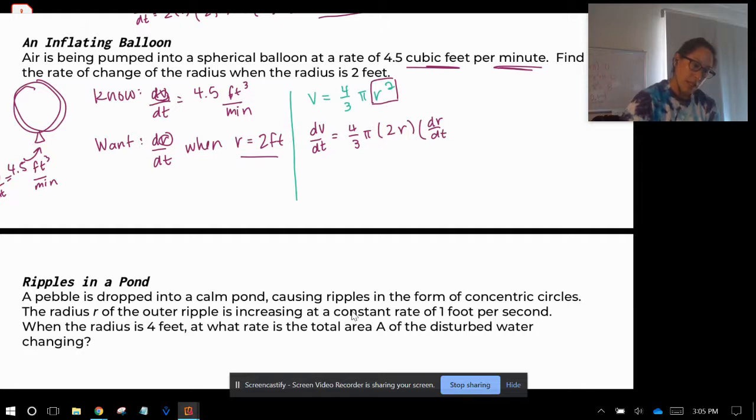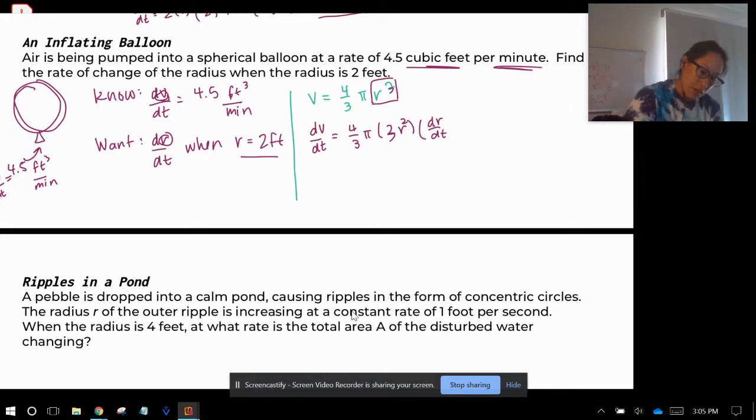Next is, I wrote something wrong. This should be r cubed. Right here, r cubed, making this derivative 3r squared. My apologies.